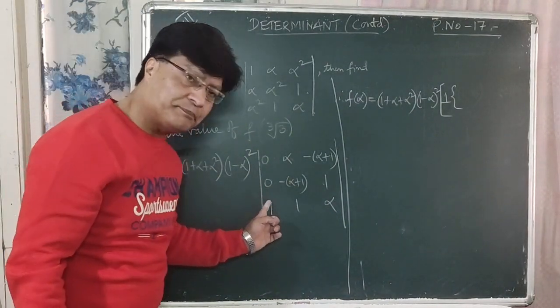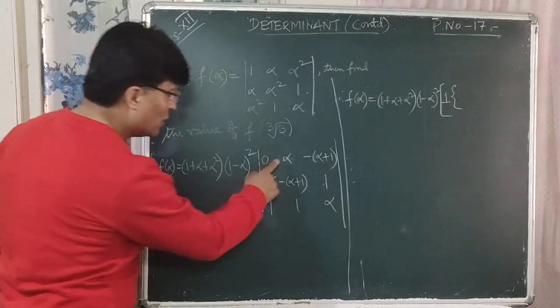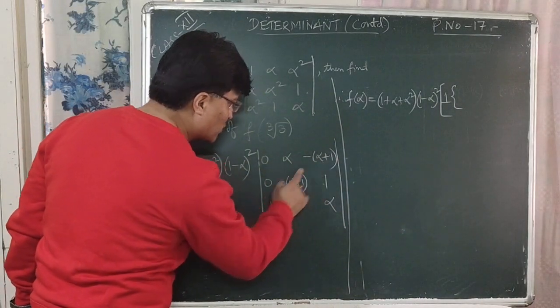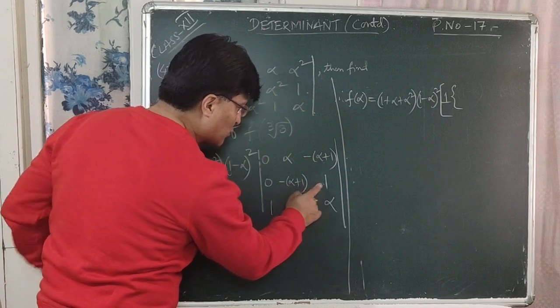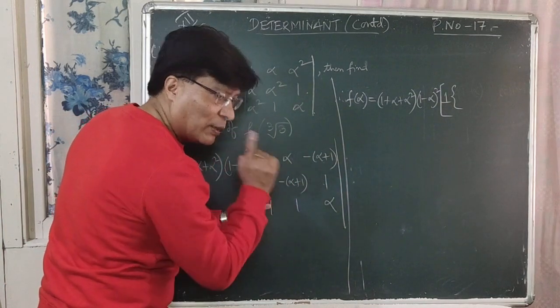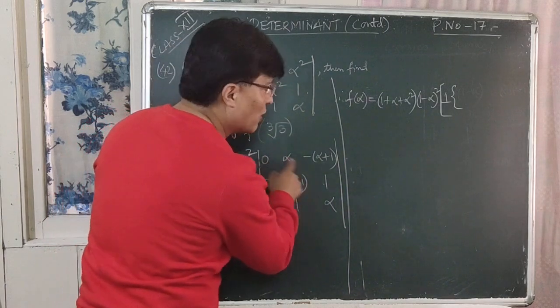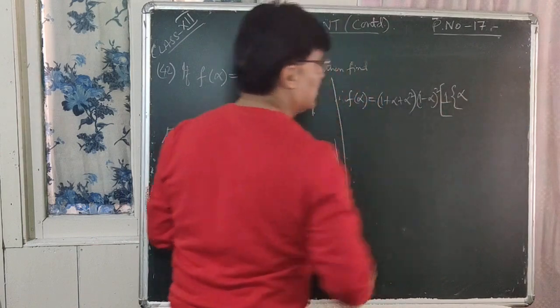If you forget about this third row and first column for a moment, what remains is alpha, minus within bracket alpha plus 1, minus within bracket alpha plus 1 and 1. Okay, so now this is the second order determinant. You have to expand it, but you have to cross multiply first alpha by 1. So alpha into 1 is alpha, right?